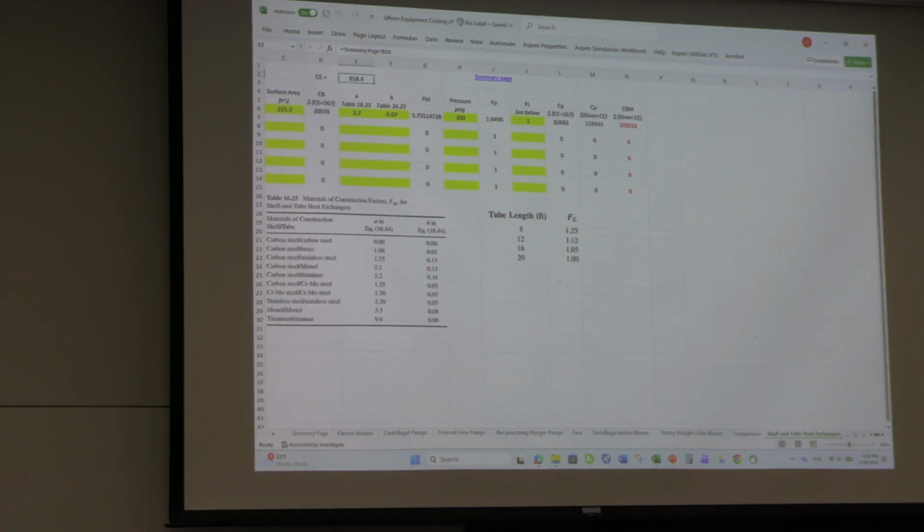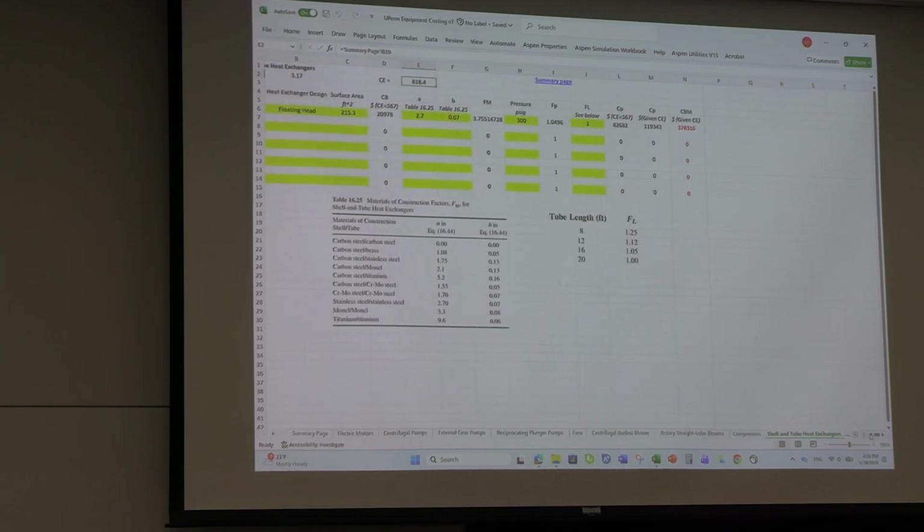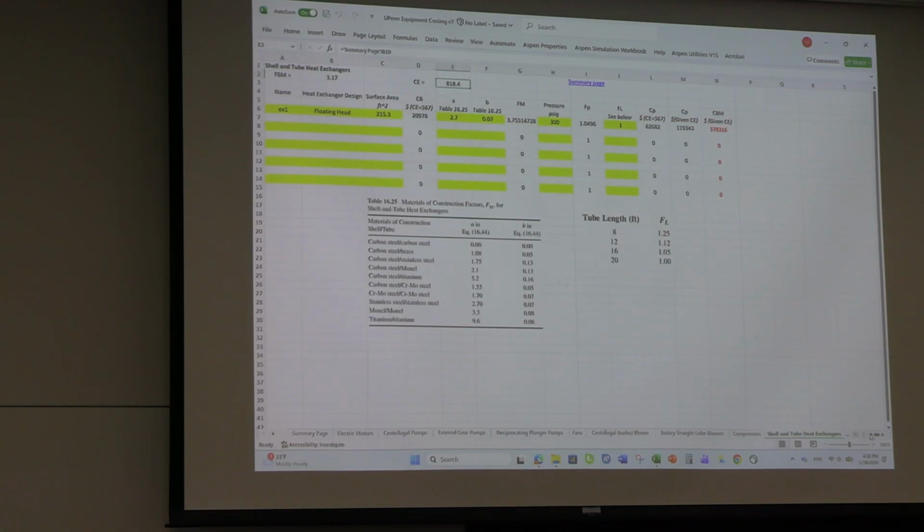Aha. Yeah, I got this exchanger. Aha. I got this page, but I don't know where to remove it.